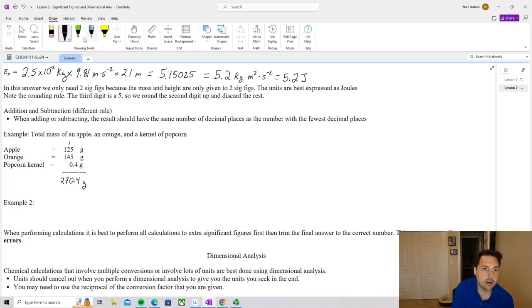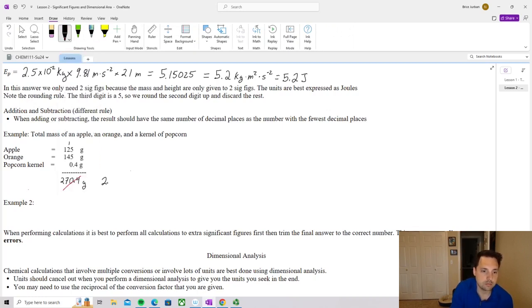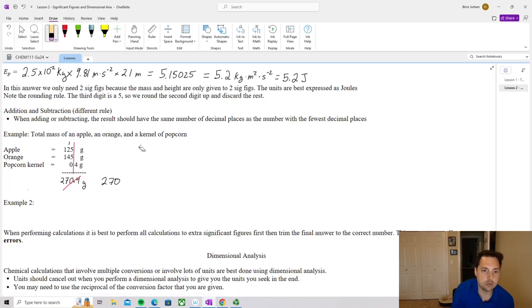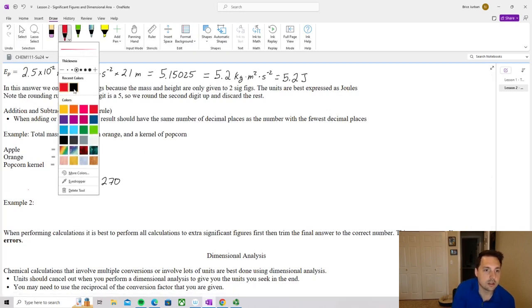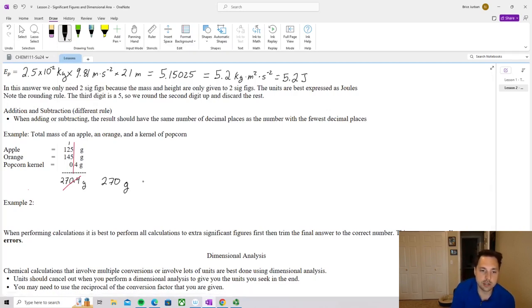We want to report it as 270, because the apple and the orange have the least number. So we'll truncate it right there. All right, so 270 grams. And probably the best way to write this would be in scientific notation.